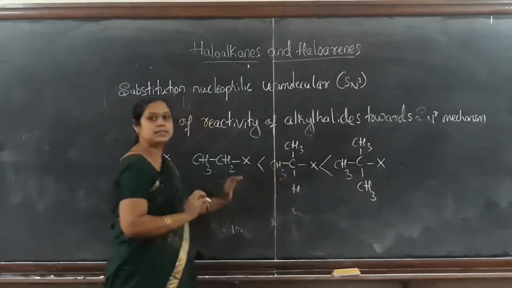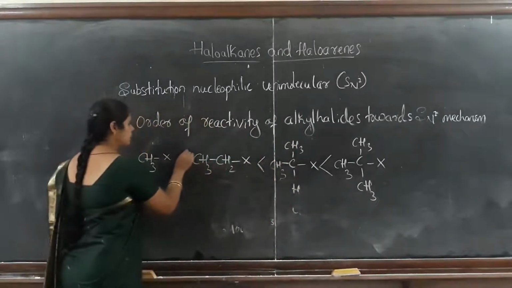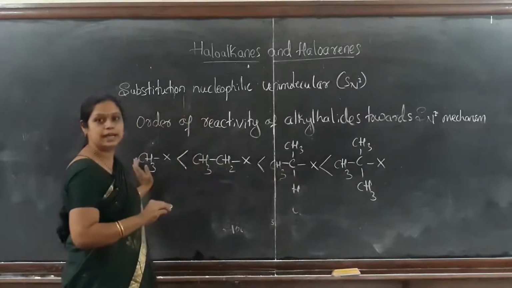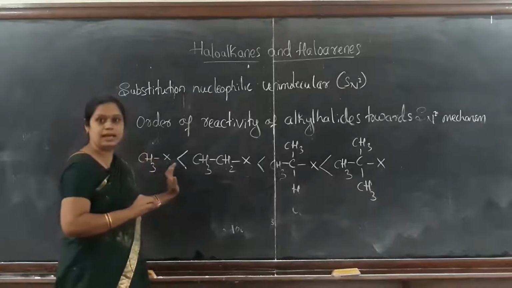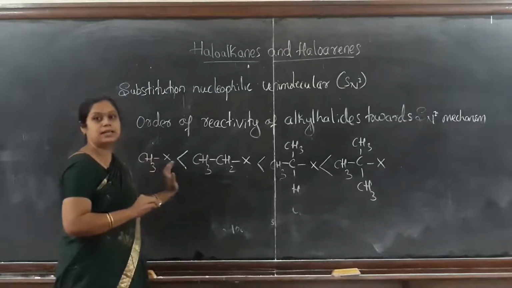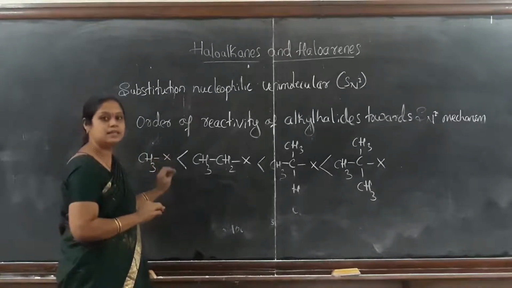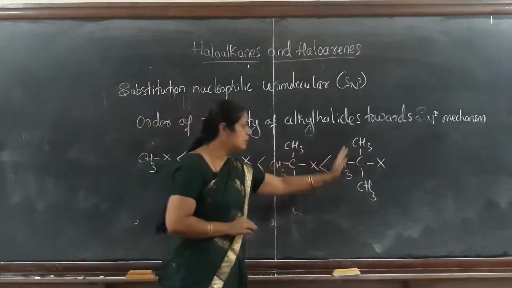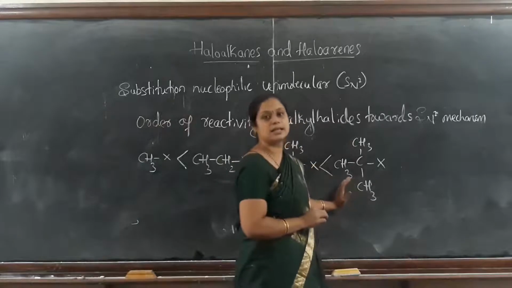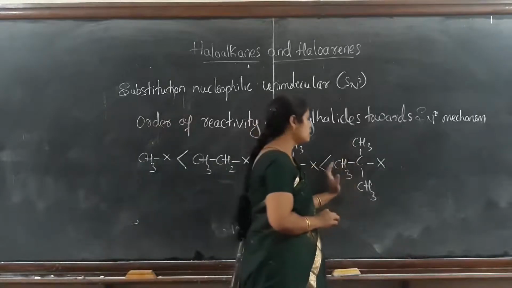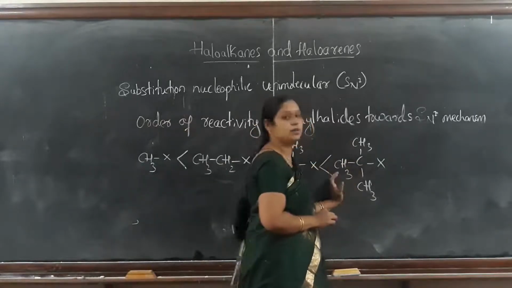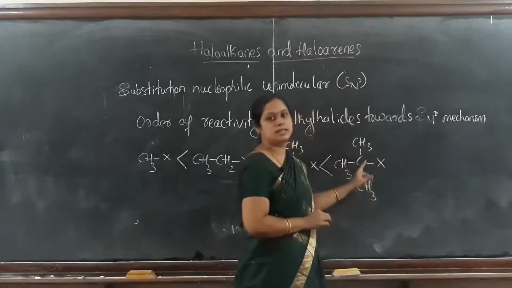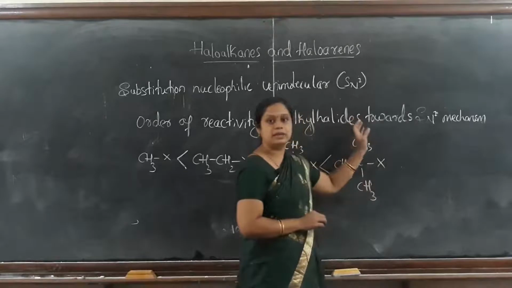Secondary alkyl halides are more reactive than primary, and primary alkyl halides are more reactive than methyl halide. Methyl halide is less stable, hence it is least reactive towards the SN1 mechanism, but the carbocation formed by a tertiary alkyl halide is more stable, hence the reactivity is higher.